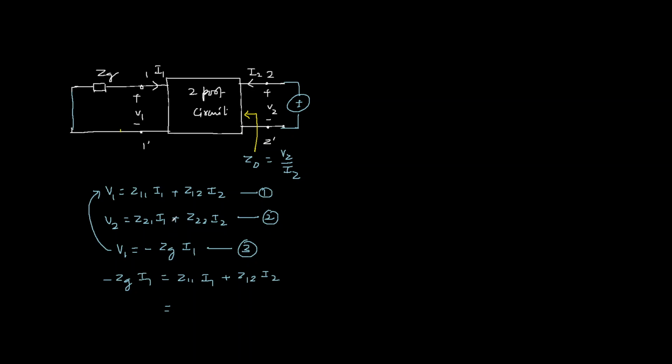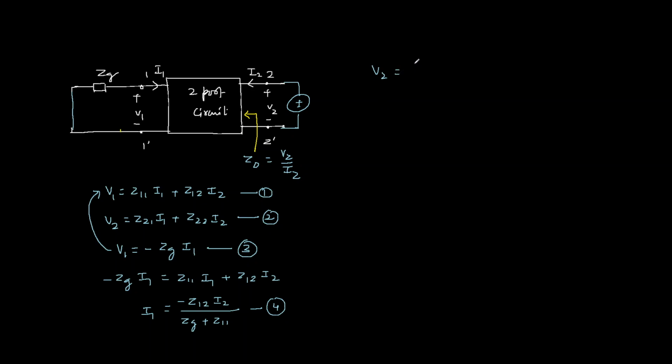So now we can write I1 in terms of I2. So that will be I1 = -Z12 I2 over (Zg + Z11). So this is I1 in terms of I2. Now substitute I1 in equation 2.